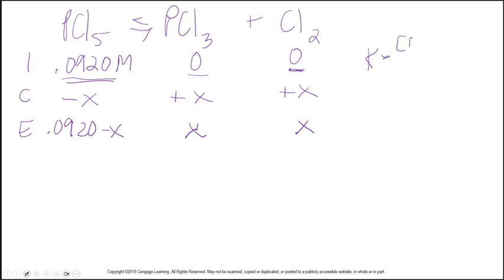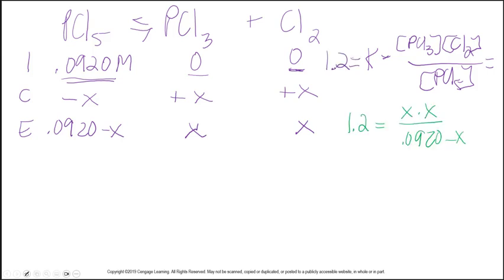K is equal to the concentration of PCl3 times the concentration of Cl2 all over the concentration of PCl5, and that's equal to 1.2. I plugged in my equilibrium values: products, x times x, over my reactant, 0.0920 minus x.